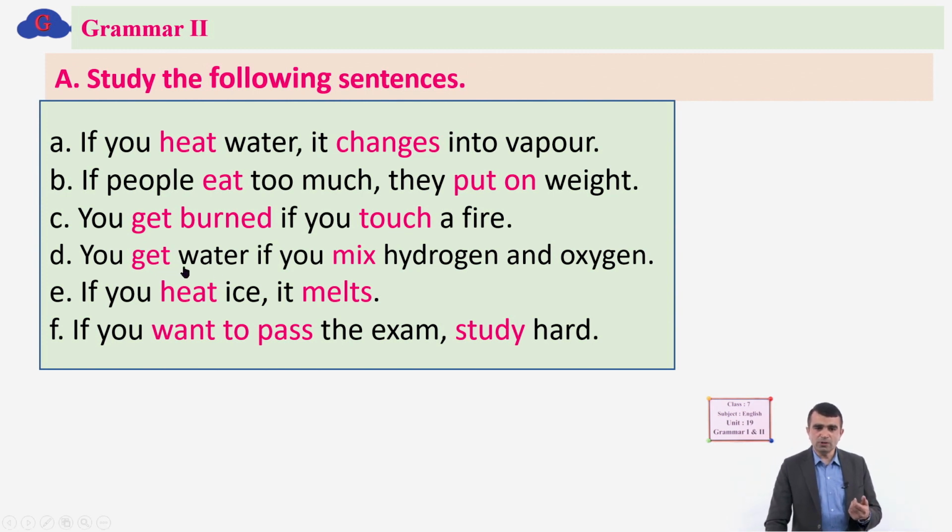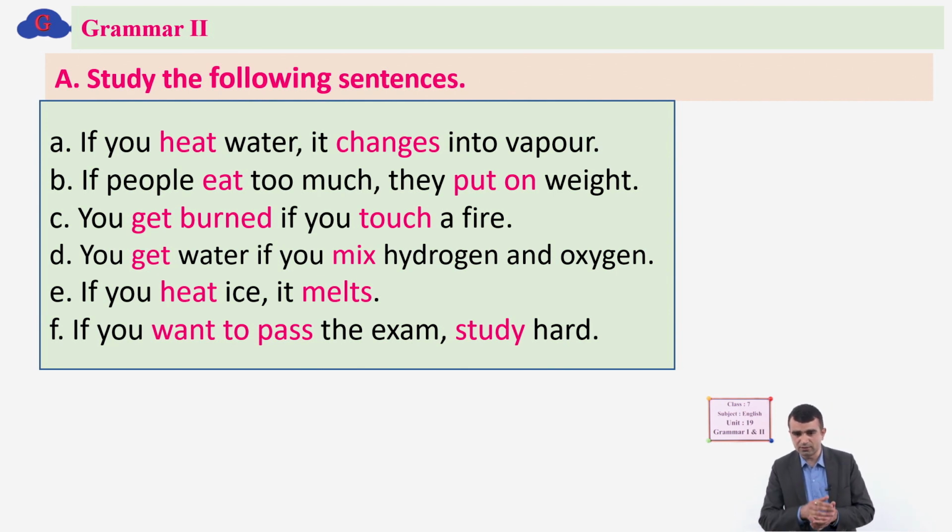And you mix hydrogen, so that is what? Present simple. If you heat ice, it melts, present simple, or simple present you can say. If you want to pass is present simple, and study hard is also present simple. So, in this grammar we are studying if conditional sentences with present simple structure.